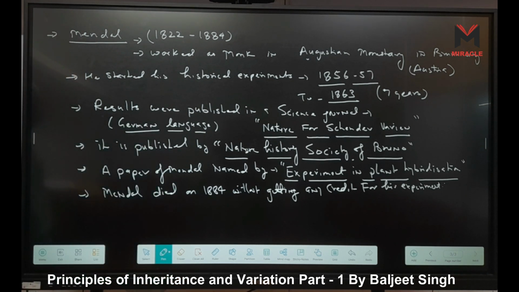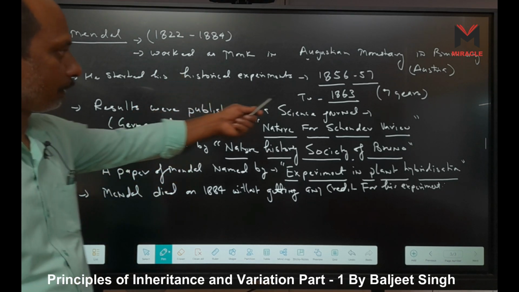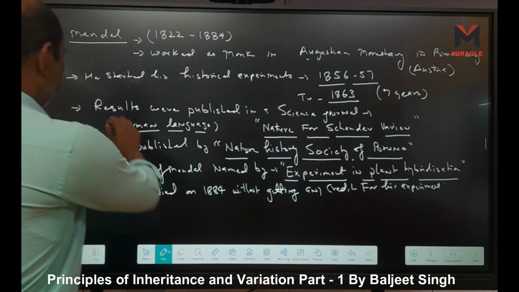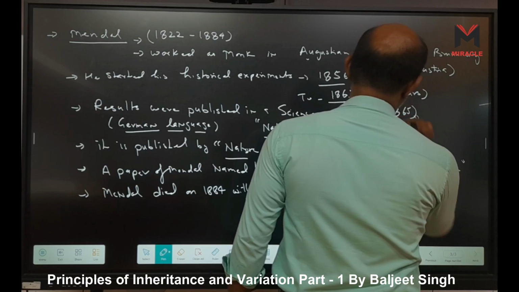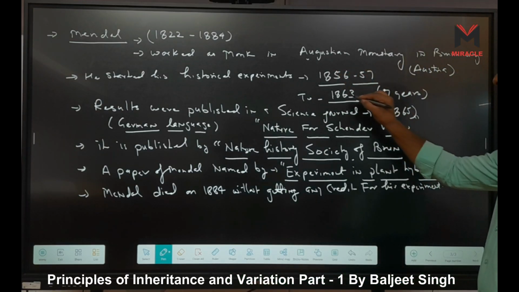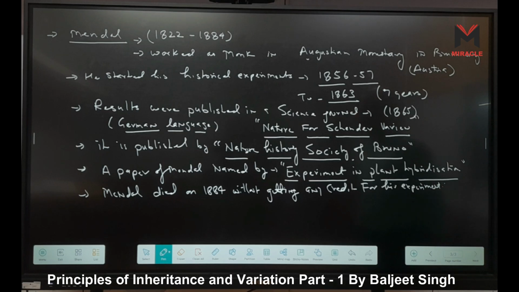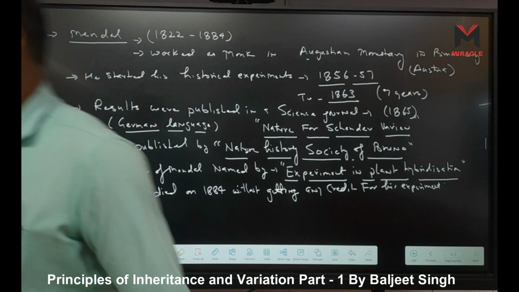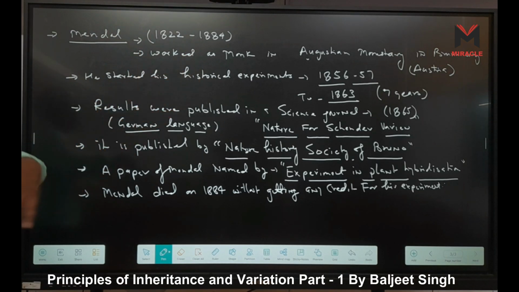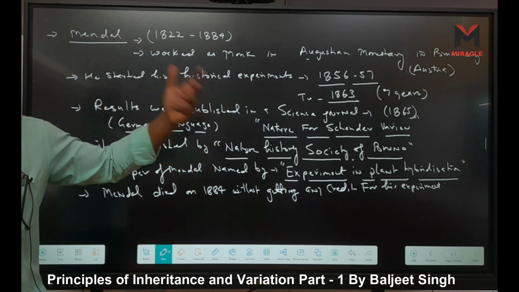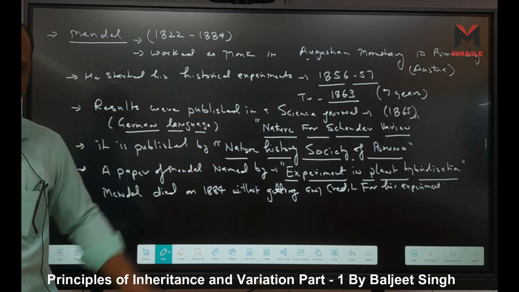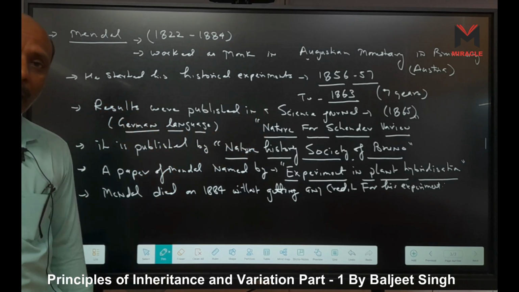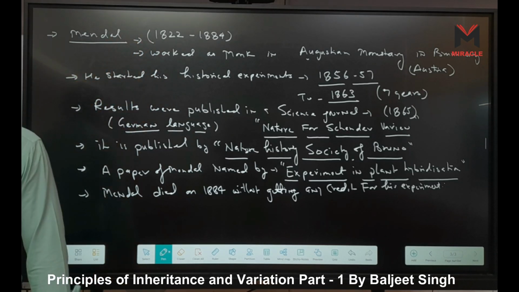Then they realized that in 1865, these results were published in a science journal, just 2 years after the completion of this experiment, right? That means they understood that 34 or 35 years before, these experiments had also been made by another person, not a scientist but a monk, that is Georg Johann Mendel, right?